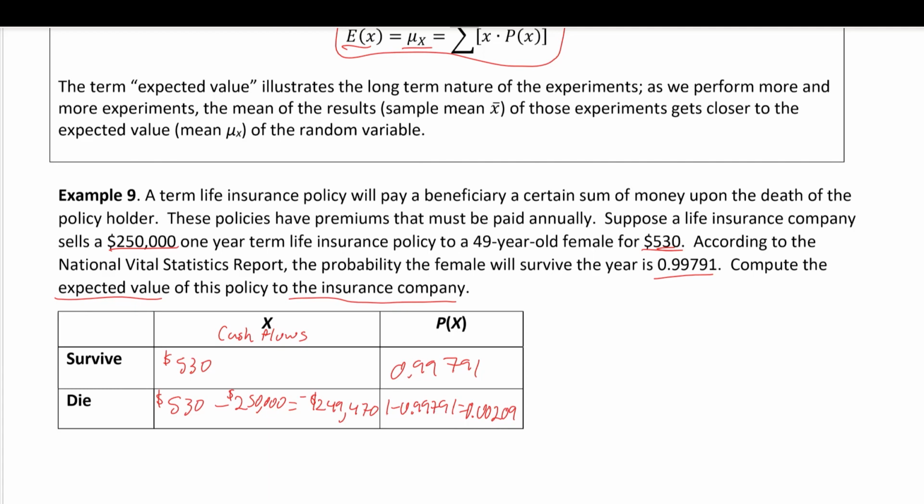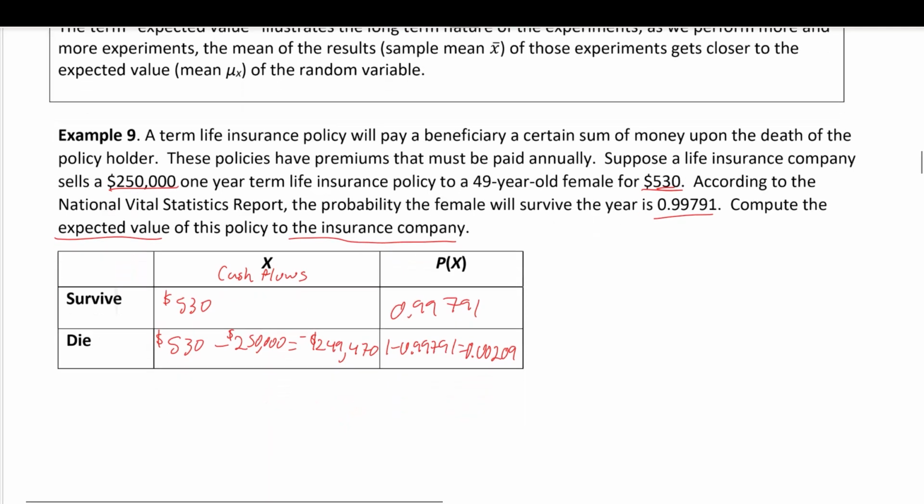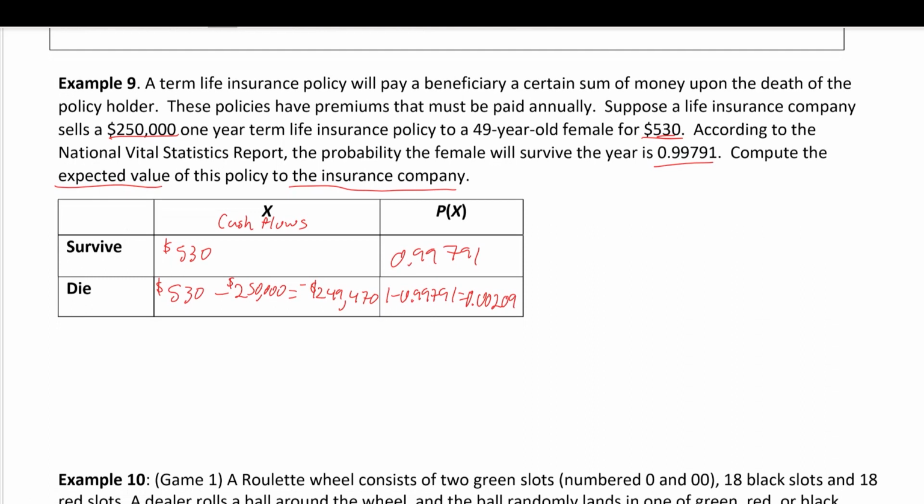All right, so it's asking us to compute the expected value. The expected value here is the same thing as our mean, which is the sum of x times the probability of x. Now, there's only 2 rows here, so there's only going to be 2 terms, right?